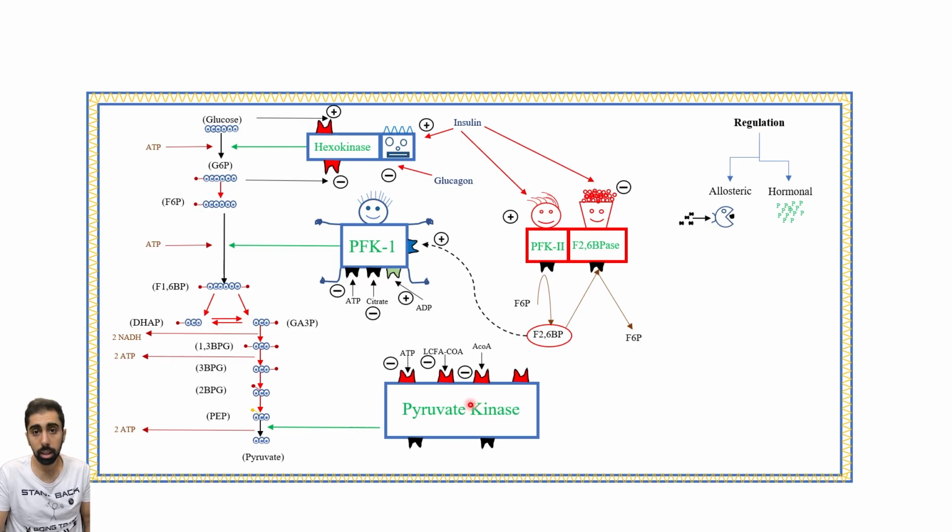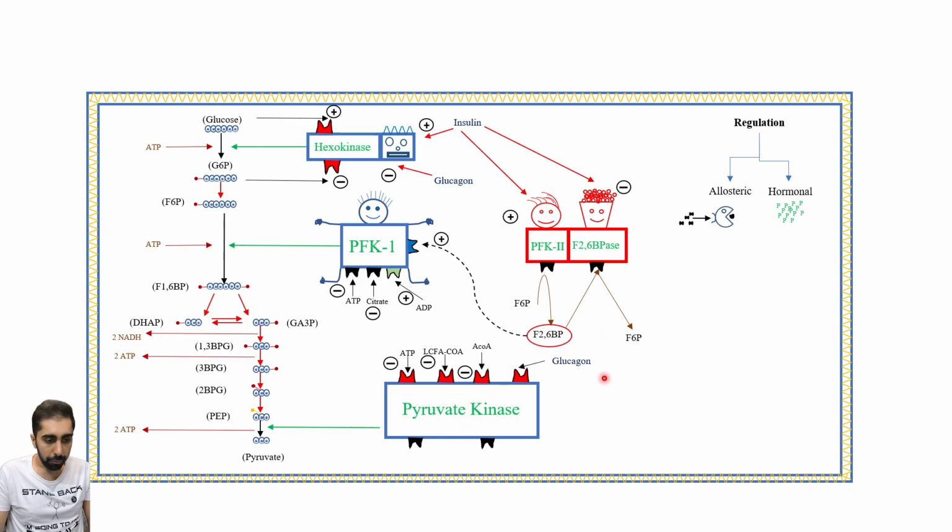Our cell is going to produce a lot of energy from the aerobic system. We don't need to produce pyruvate anymore to turn it into acetyl coenzyme A. So acetyl-CoA can inhibit this enzyme.